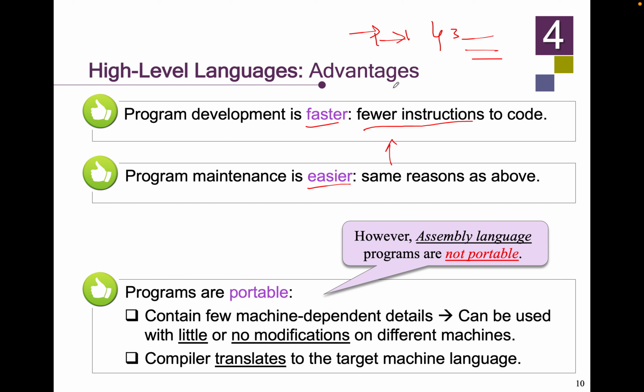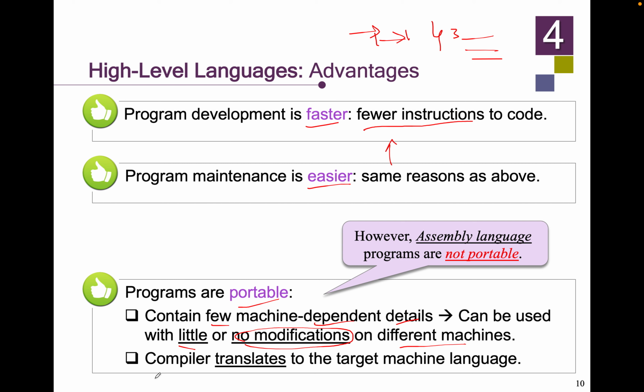And one more advantage is that programs are portable. What is portable? It contains few machine dependent details, so you can change from C programming to Java, and it can be used with little or sometimes no modification on different machines.